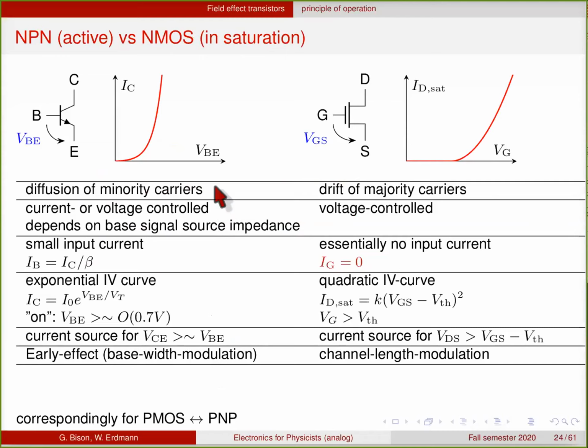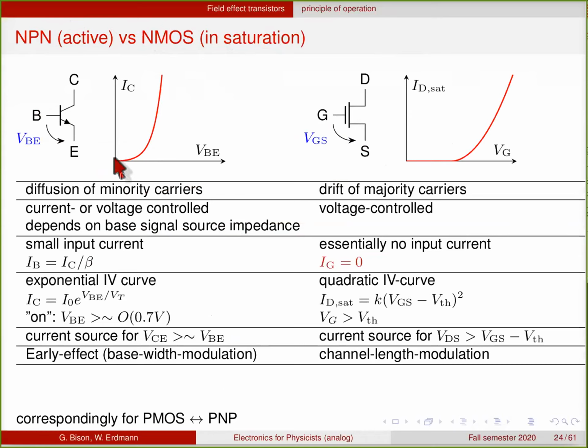So this is an overview, or a comparison, between the NPN and the NMOS. In the case of the NPN we are talking about the active region, which is similar to the saturation region for the NMOS. So the NPN is controlled by the base emitter voltage, and the NMOS is controlled by the gate source voltage.